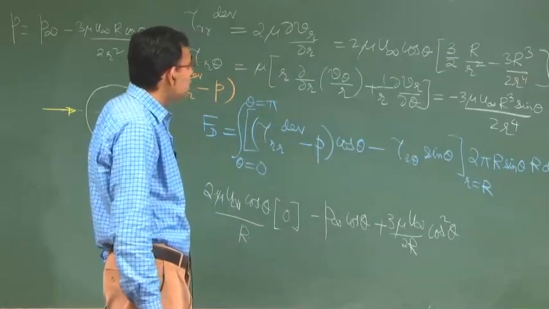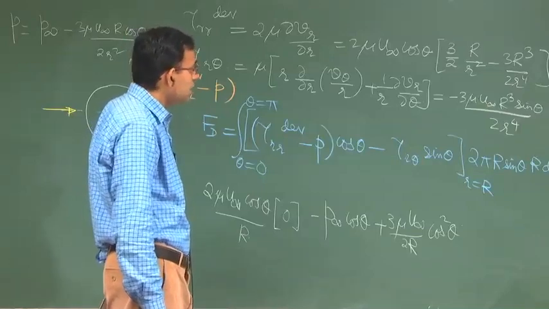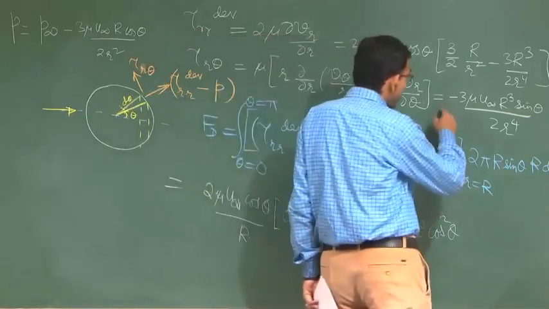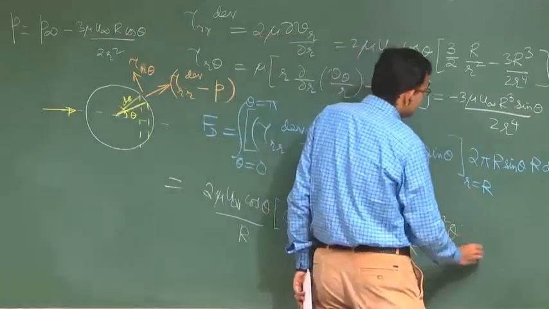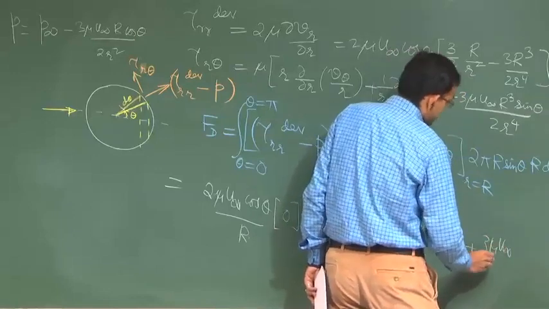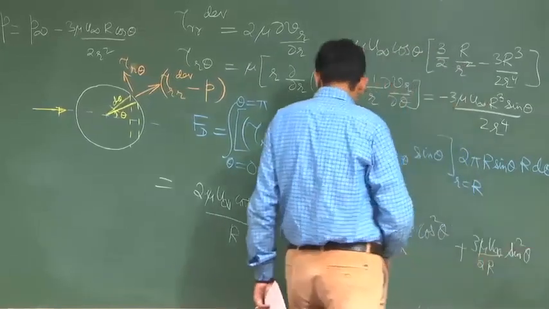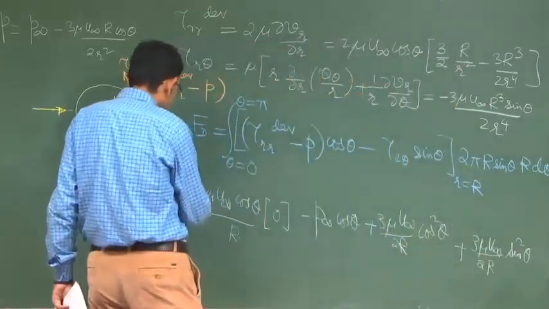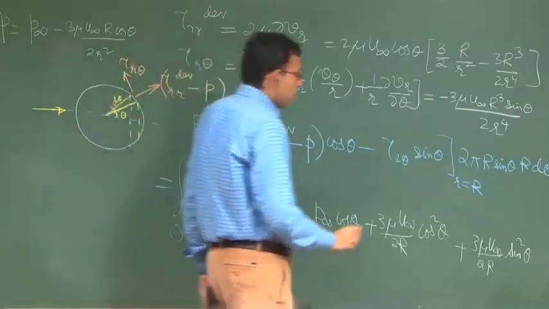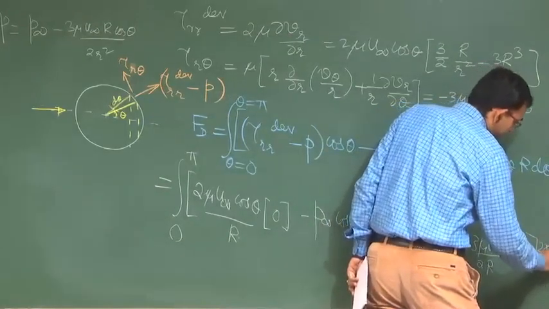And then there is another term, minus tau r theta sin theta. So, that minus and this minus will make it plus. So, 3 mu u infinity by 2 r sin square theta, integral 0 to pi into 2 pi r square sin theta d theta.